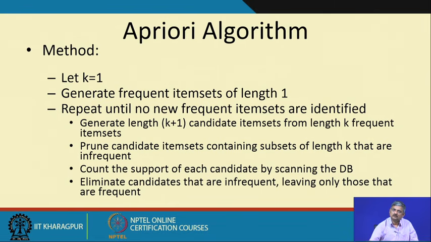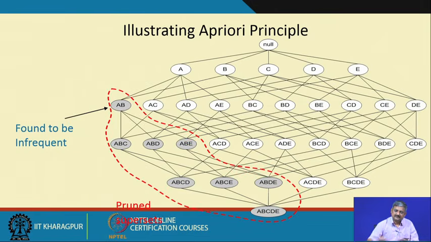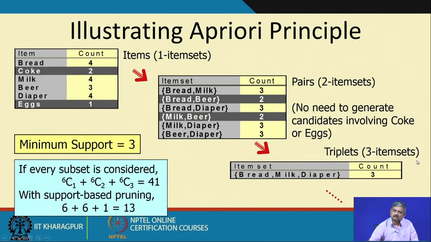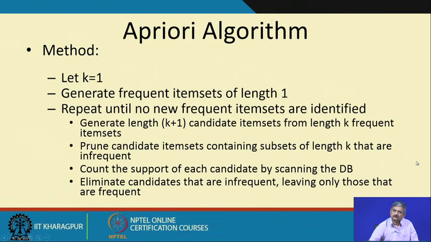You can see that if I know which are the frequent 2 item sets, from that I find the frequent 3 item sets, k, k plus 1. Of course, to find out whether they are frequent or not, you have to scan the entire database of transactions, count and do it.